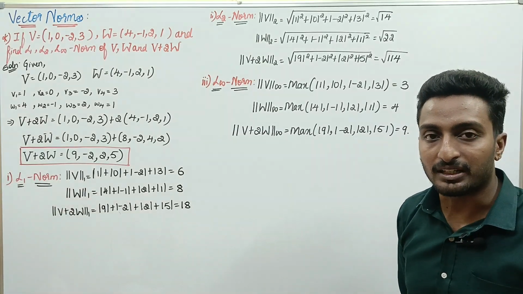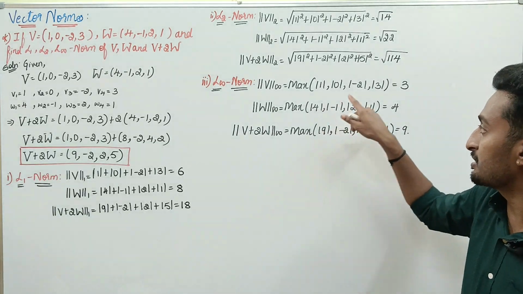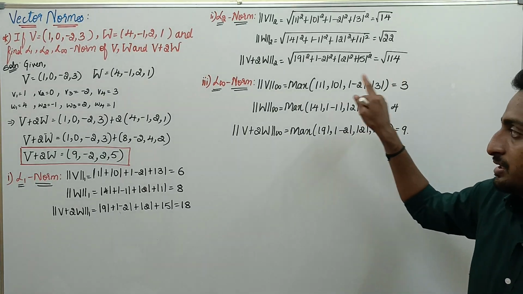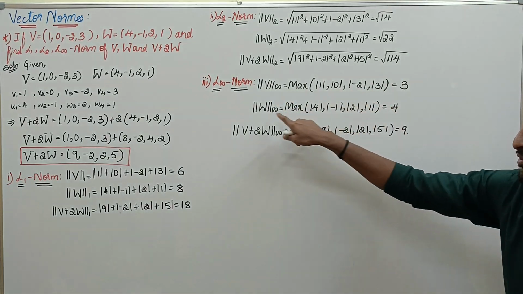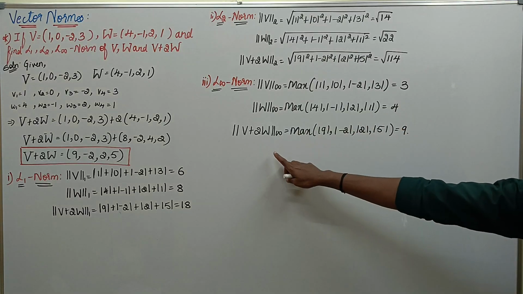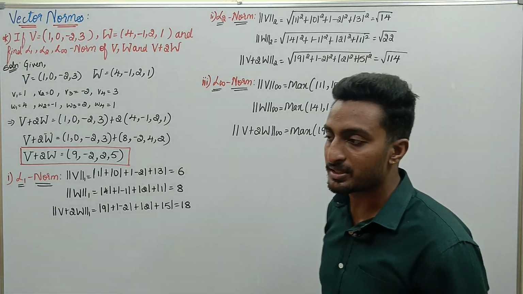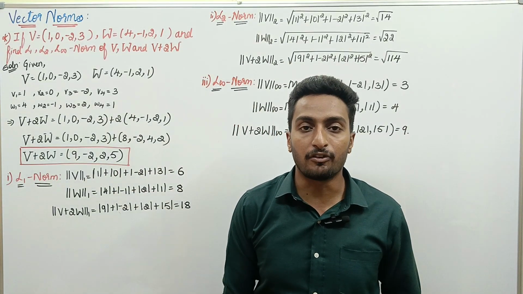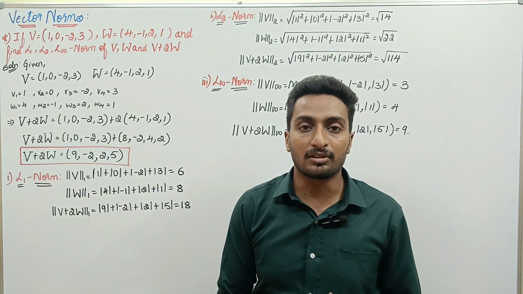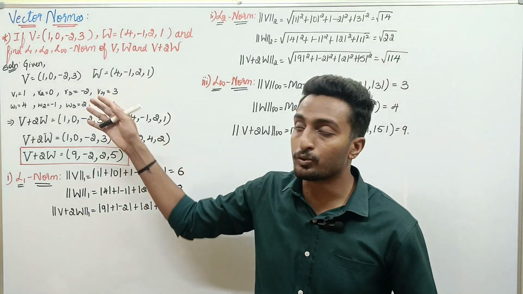In the given vector, the highest maximum number is what we represent, that is norm V infinity is 3, norm W infinity is 4, and norm V plus 2W infinity is 9. This is how you are supposed to represent the vector norms for the given vectors V and W.